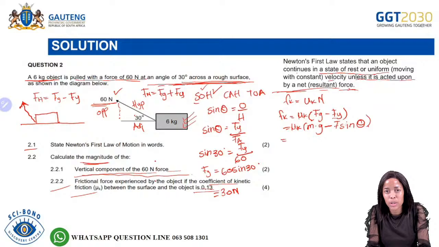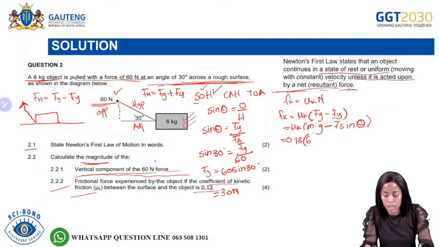So we were given the coefficient as 0.13. The coefficient was given as 0.13, and then the mass of the object on the box there was given as 6. And then the gravitational acceleration constant, it's a constant, so that means that it is never going to change.